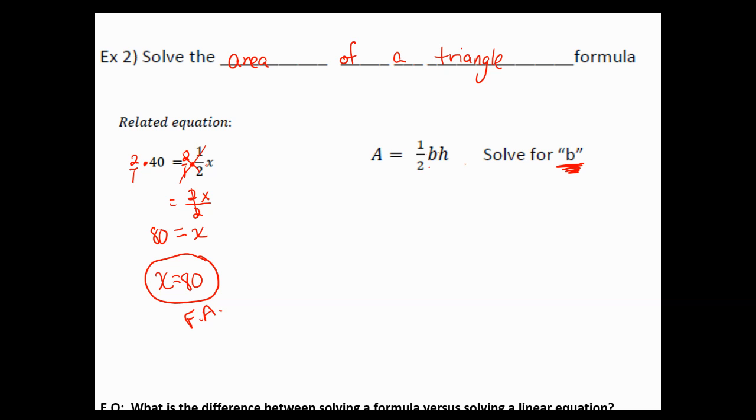So let's do the same procedure over here. We still have another fraction that's being multiplied. So let's multiply by the reciprocal. So that's the procedure when you have to, the inverse operation for when you need to eliminate a fraction. So this cancels. This would be 2A. And please leave them as capital A's because the capitalization matters in mathematics and science. A is known for the area, the word area.